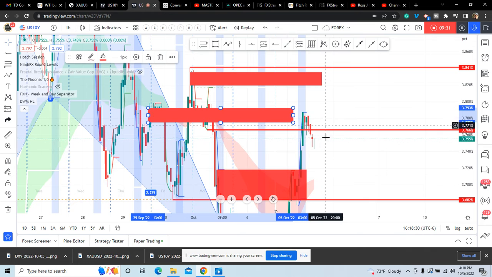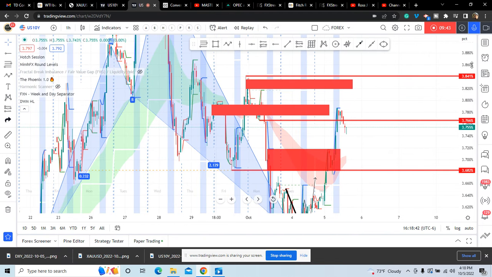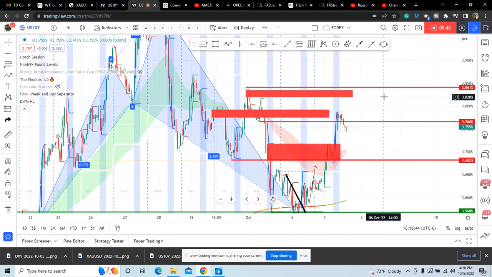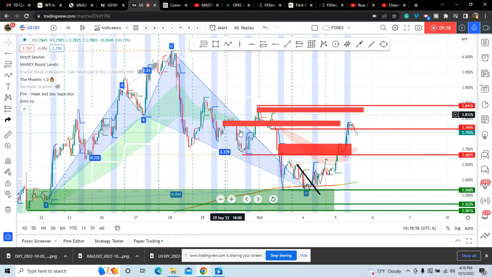You've got that M formation heading higher into the neckline, above structure, up towards these highs over here. So still bullish on the dollar, which was my thesis at the start of the week. Besides a couple of days of nonsense sentiment, it's been spot on. As I was saying, we were heading higher to sell low in the euro and dollar crosses. That's played out nicely.